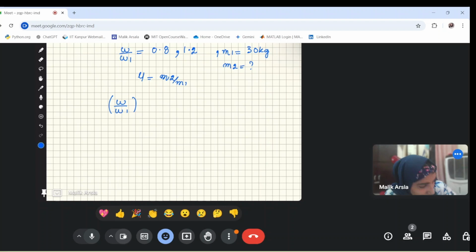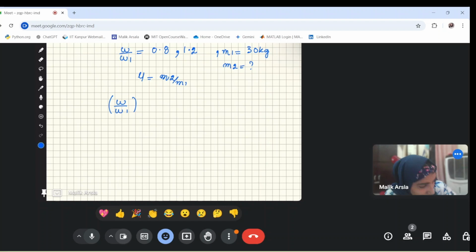For this, the value of mu comes out to be 0.2. Now if I put r equal to 1.2, that is omega upon omega 1 equal to 1.2, the second case where it is 20% more than the force frequency, mu is 1.2 to the power 4 plus 1 upon 1.2 to the power 4, minus 2, and it comes out to be 0.13.